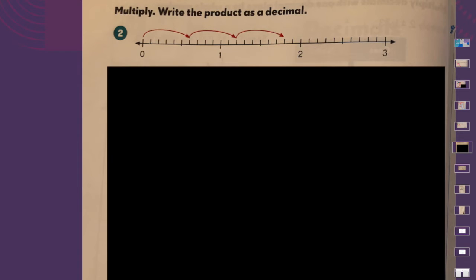Let's try another one. Let's look at this number line. Again, just to confirm that between each of the whole numbers, it is divided into 10 equal parts. And now look to see what is being shown with the arrows. How many are in each of those jumps, and how many jumps are being made?